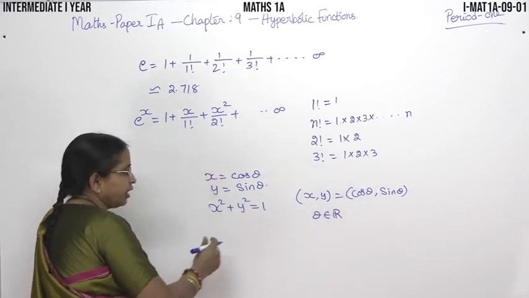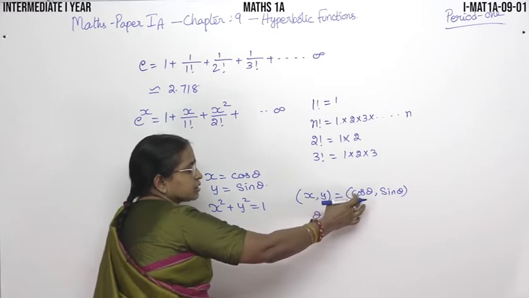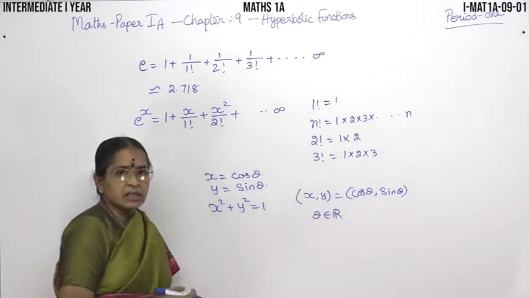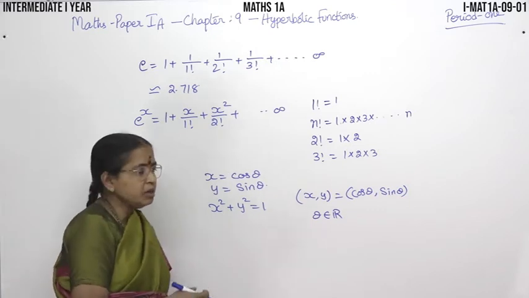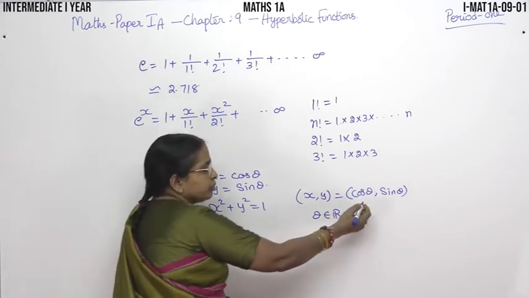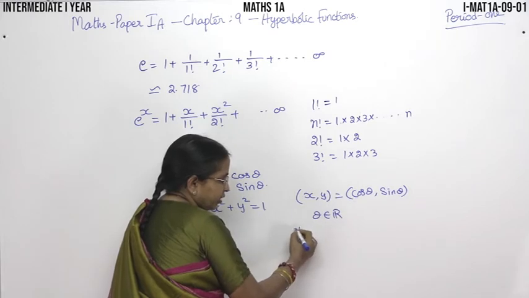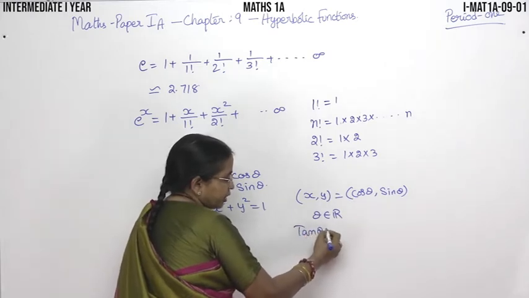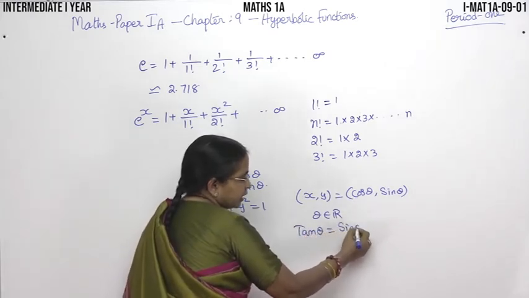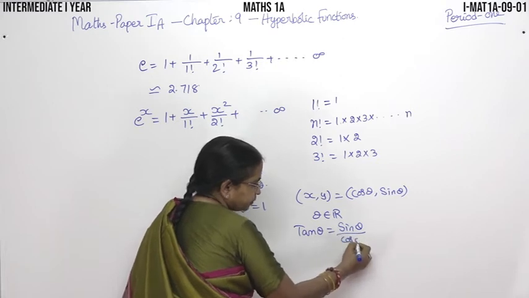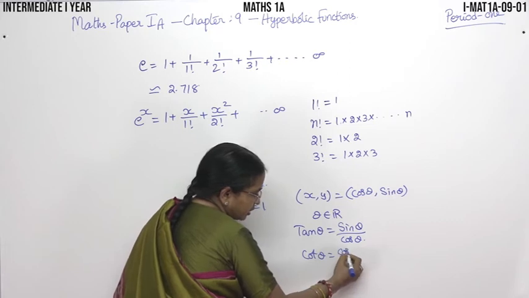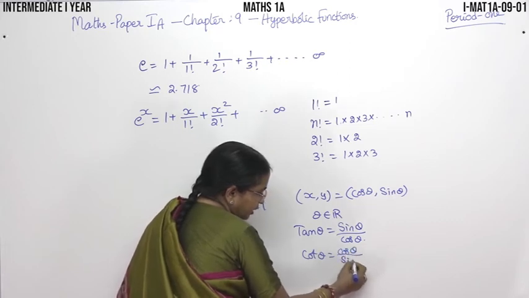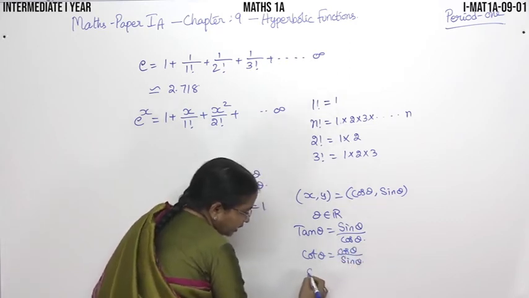In the same way, we call these cos theta and sin theta circular functions, also called trigonometric functions. Using cos theta and sin theta, we write the remaining ratios: tan theta as sin theta by cos theta, and cot theta as cos theta by sin theta.